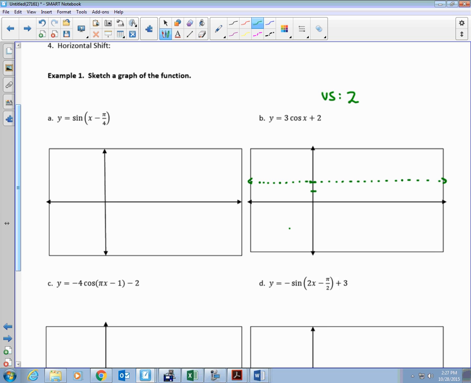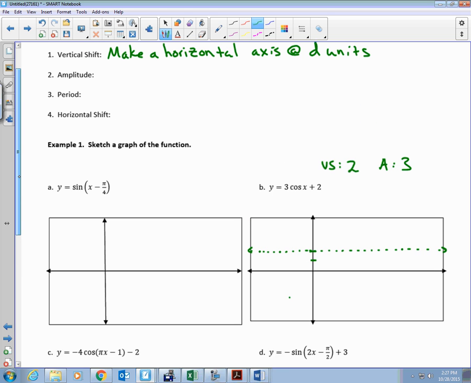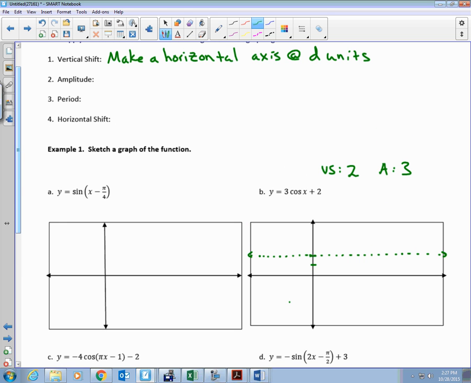Now, what is the amplitude? The amplitude is 3. Once we identify the amplitude, we mark the max and min. You guys just did a great job of telling me that if the amplitude is 3 and the vertical shift is 2, the highest spot the graph will reach is 5.